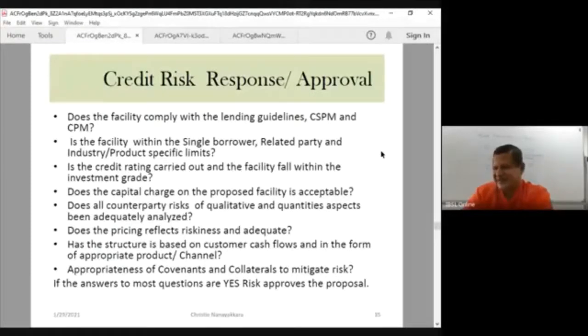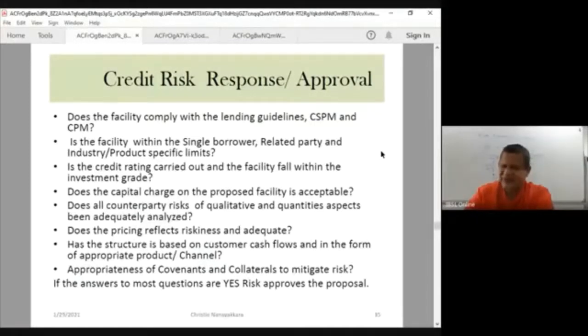Are covenants and collaterals appropriate to mitigate risk? I told you sometimes risk can be mitigated through price, covenants, and collateral, so you need to take appropriate ones. That means if you give a housing loan, you need to take a mortgage on the house that is being funded.